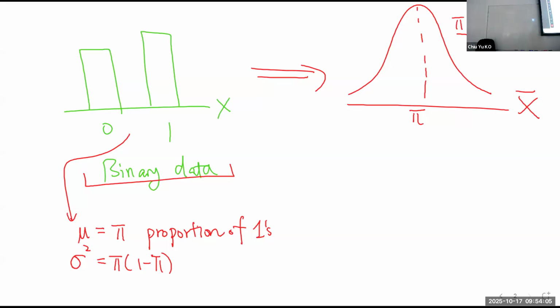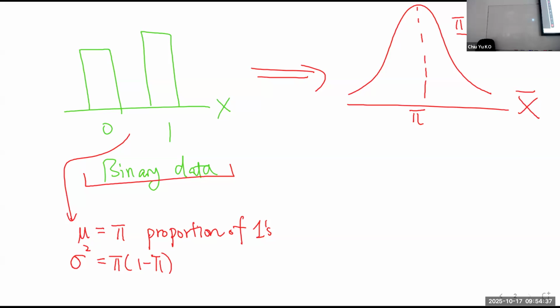And if you remember, if you take one data point out of it, this is a Bernoulli distribution. If you take n of them, that's a binomial. That means that once I know pi, I know the variance and I know the shape. So I don't have to rely on the T idea.